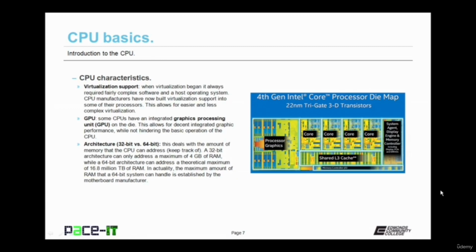A CPU that has a 32-bit architecture can only address a maximum of 4 gigabytes of RAM, while a CPU that has a 64-bit architecture can address a theoretical maximum of 16.8 million terabytes of RAM. Man, that is just a ton of RAM. In actuality, the maximum amount of RAM that a 64-bit system can handle is established by the motherboard manufacturer.